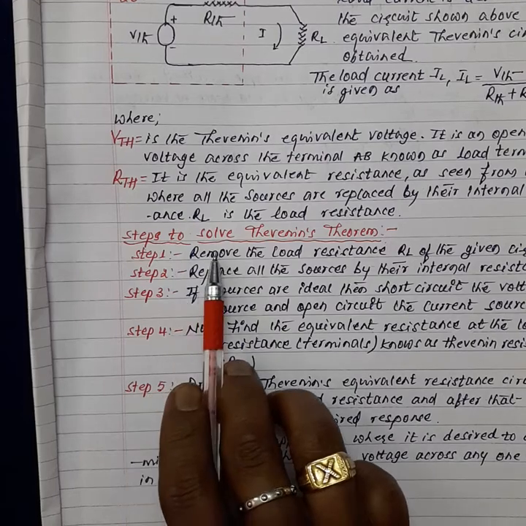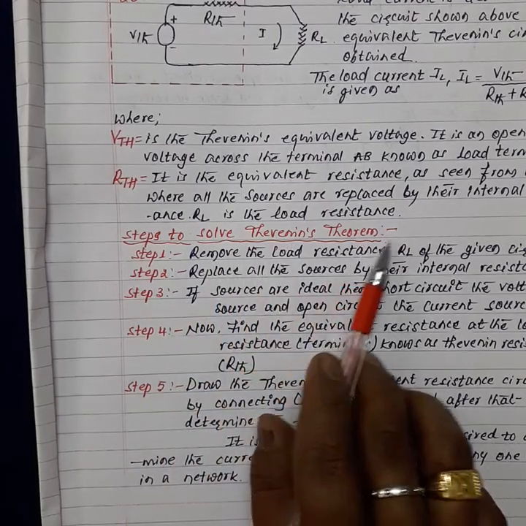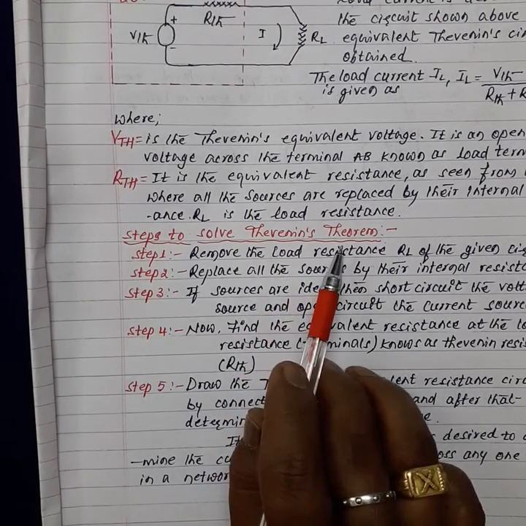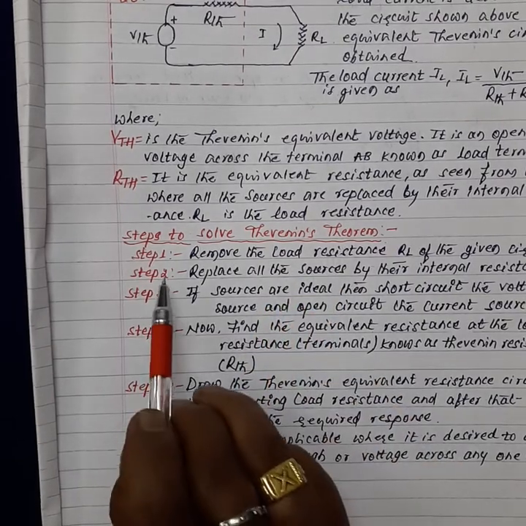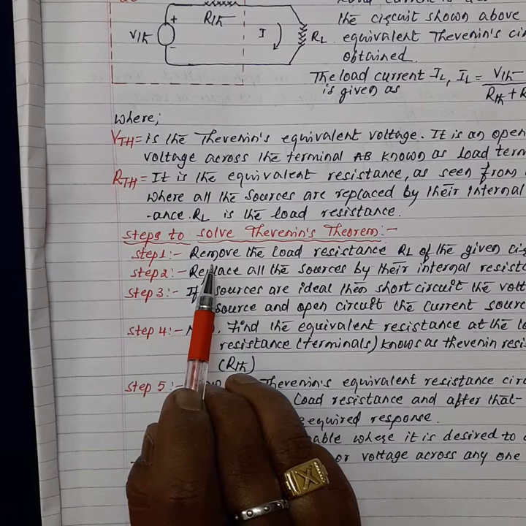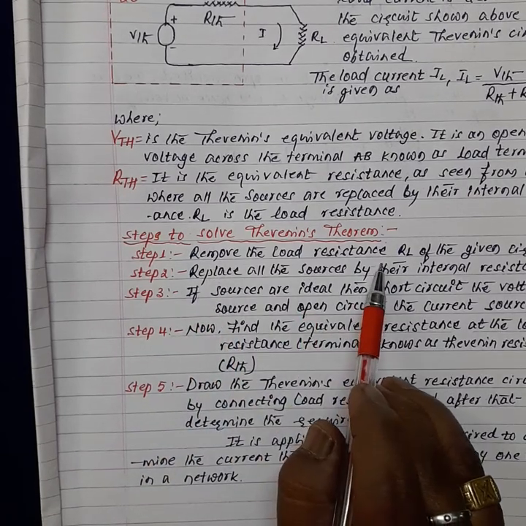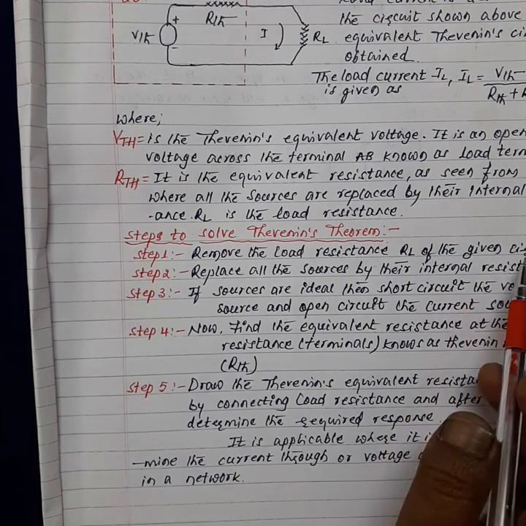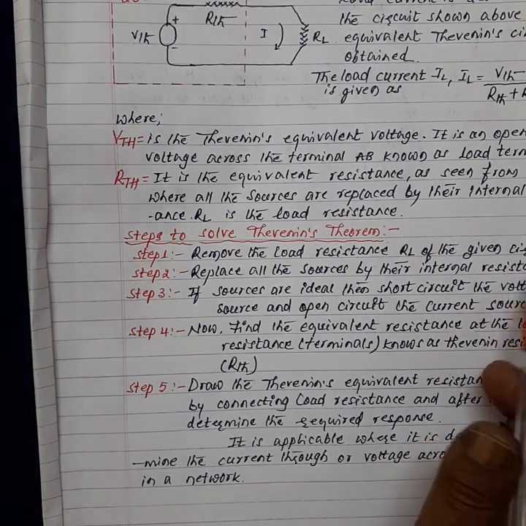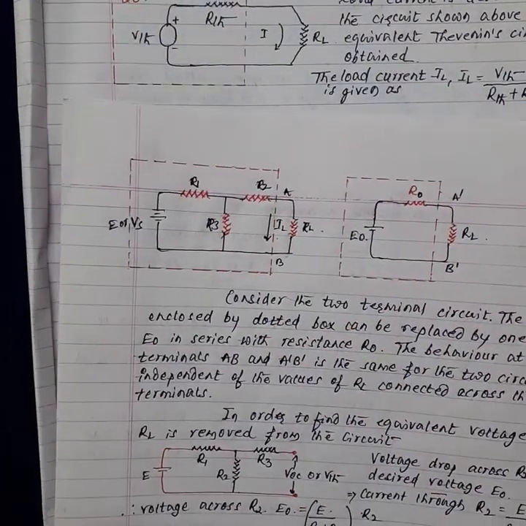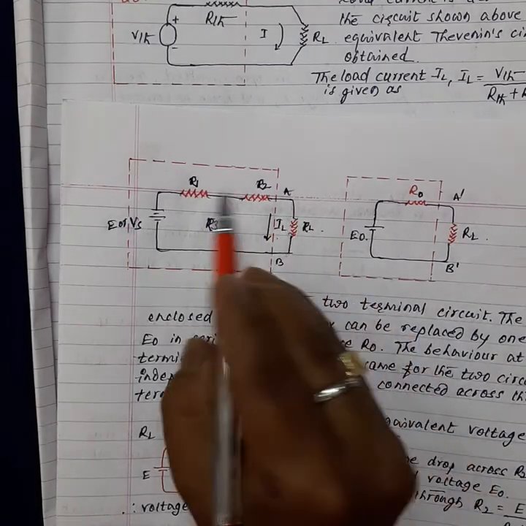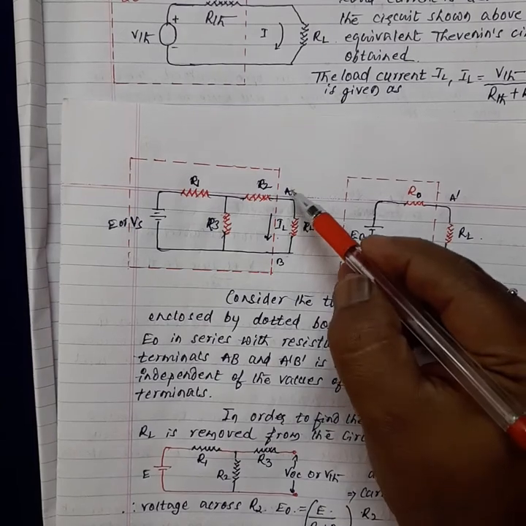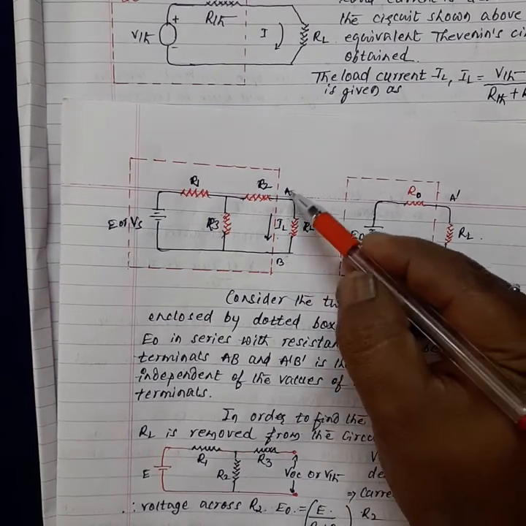So, steps to solve Thevenin's theorem. You have to remember the steps. Step 1: remove the load resistance, say R of L, of the given circuit. That is, if you have a circuit like this, during the first step you have to remove this RL.